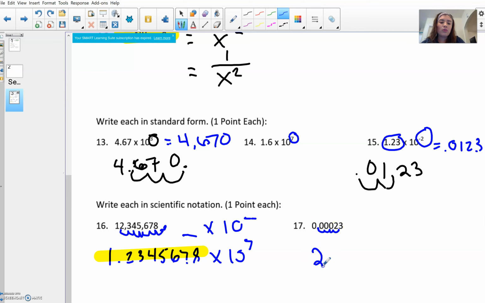So we get 2.3 times 10 to the what power? In comparison to 16, where we moved it to the left 7 times, for 17 we had to move it to the right. So we went from a decimal to a bigger number, so our exponent must be negative.